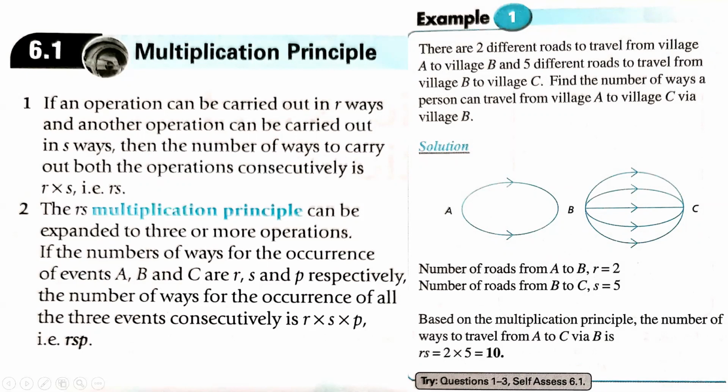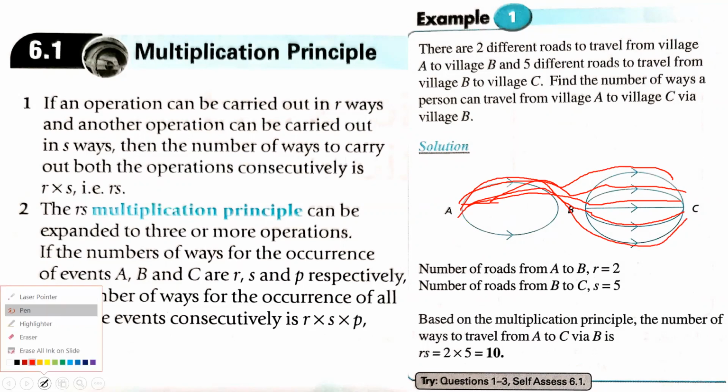Okay, let's try. Let's do the first one. 1, 2, this is one way. 1, 2, 2 ways. 1, 2, 3 ways. 1, 2, 4 ways. 1, 2, 5 ways. Then I use another color.